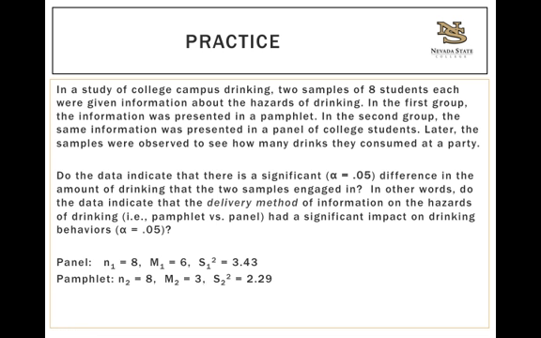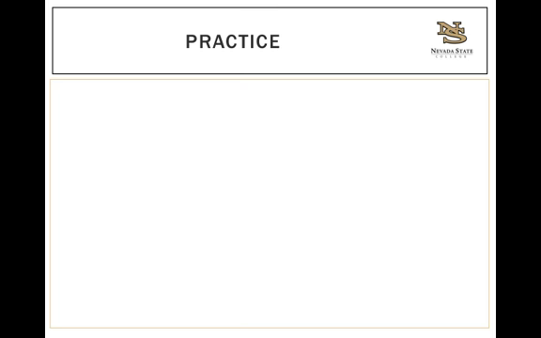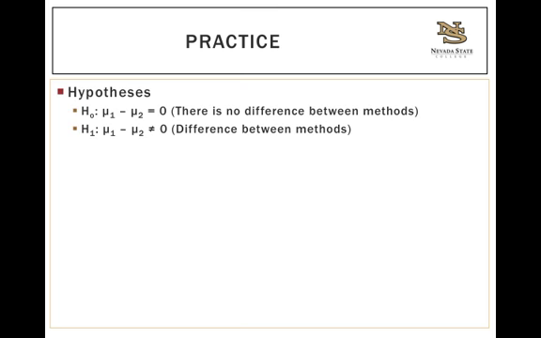So we're going to use these data to figure out if there's a difference in how students reacted to these 2 methods of delivery for the hazards of drinking. So let's go ahead and figure out what we should do with these data. Our null hypothesis is that there's no difference between the methods. So students are drinking the same whether they get the information from a pamphlet or from a panel.